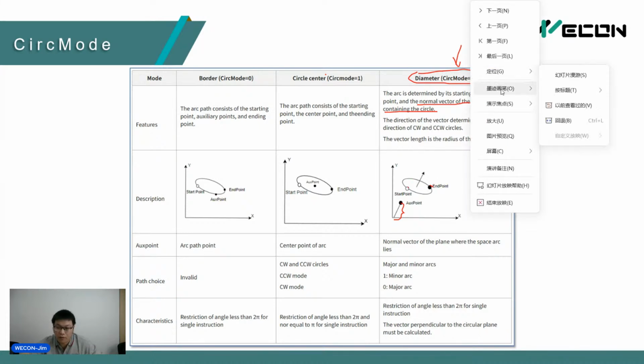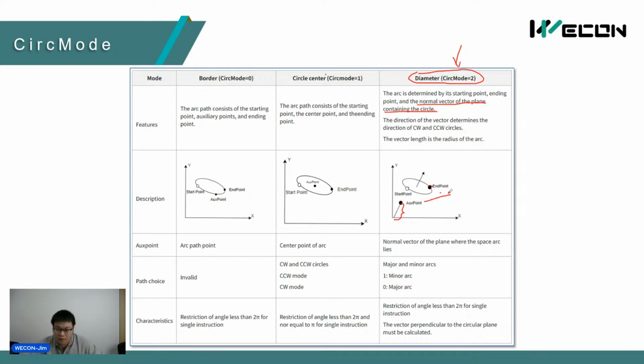For example, if the position of this point is, for example, 5, 0, 5. So the length of this will be this value, and this will be the radius of the circle.